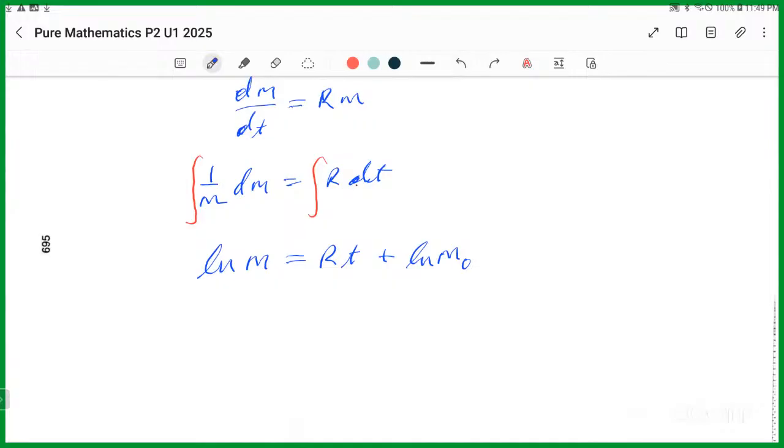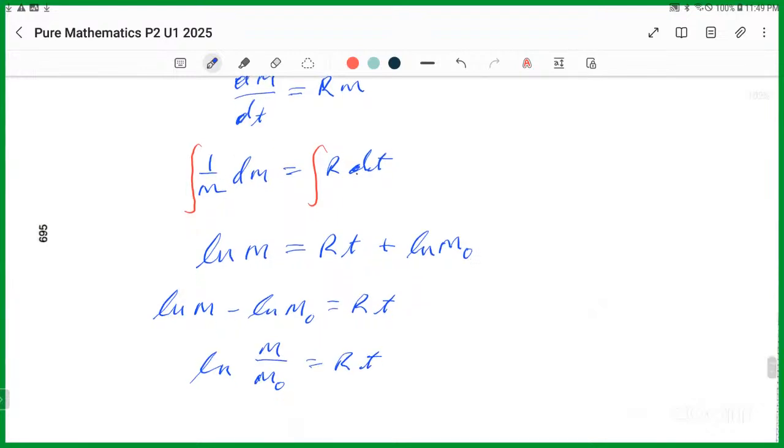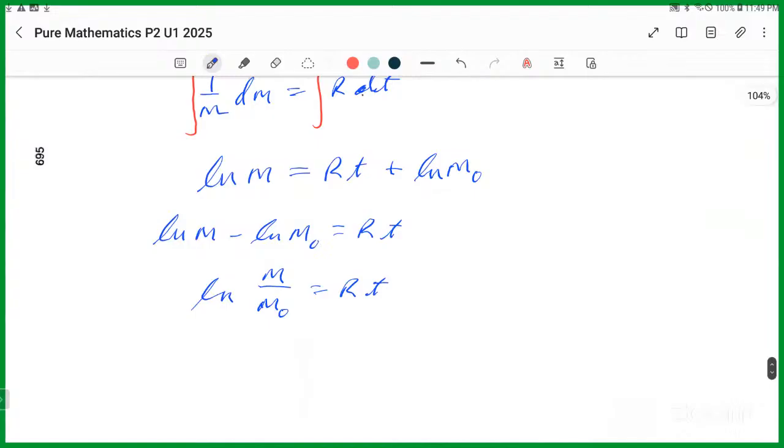Let's establish a formula for m by putting this over here. So we're going to get ln m minus ln of the mass at the start equals rt. So this becomes ln of m over the starting mass equals rt. So this becomes e to that.